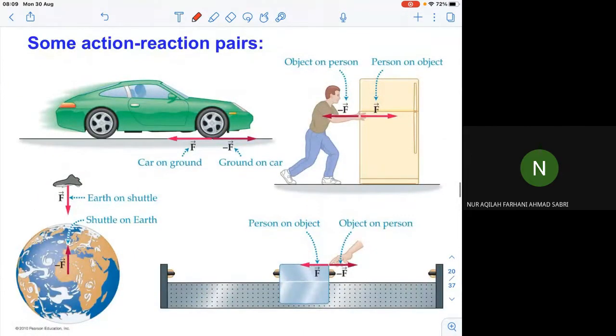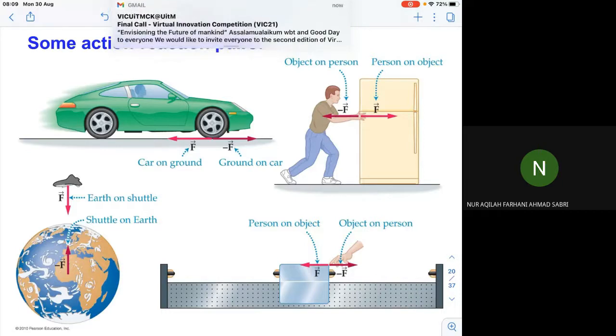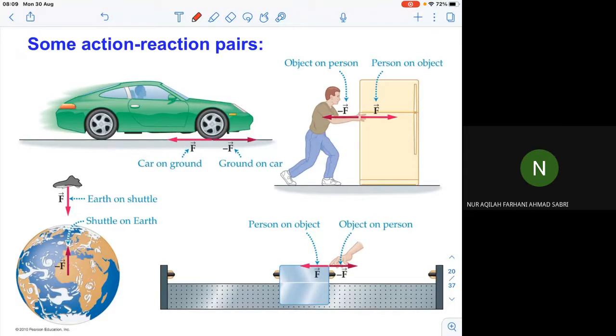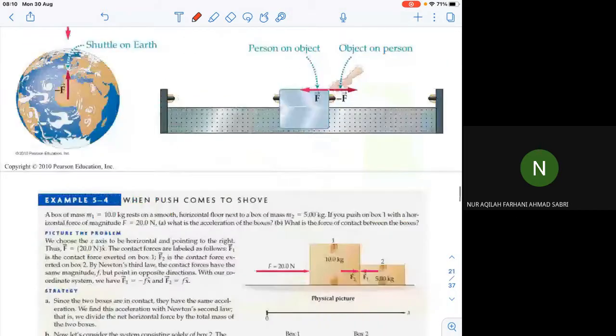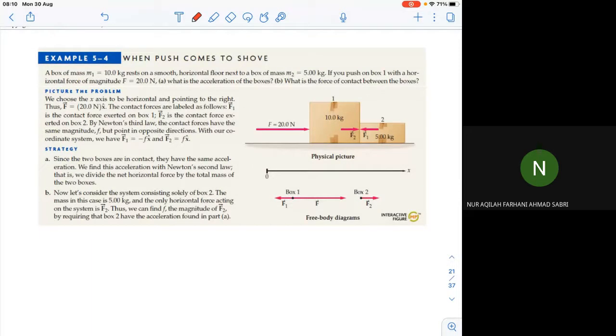So this is an example of action and reaction pairs. For example, if you are pushing a refrigerator, there will be a force with the same magnitude, F and negative F, but acting in opposite directions, of course.